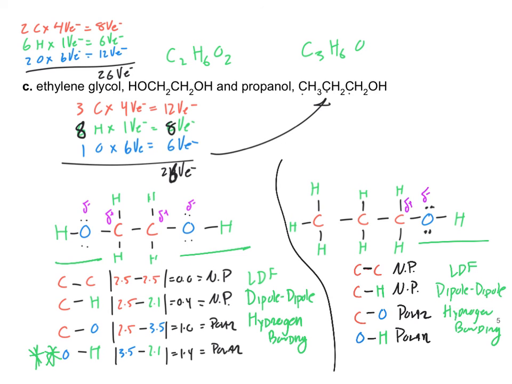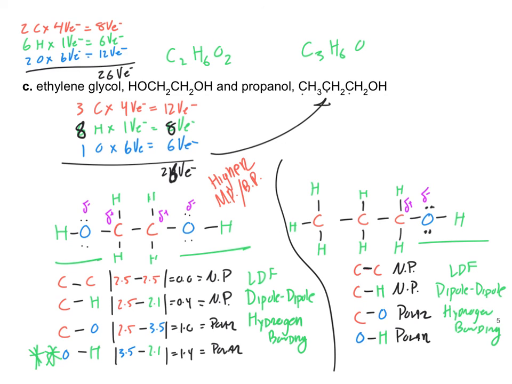So because the ethylene glycol has hydrogen bonding showing up 2 times as compared to the propanol, which has the hydrogen bonding showing up 1 time, that tells me that this structure, the ethylene glycol, is going to have the higher melting point and boiling point.